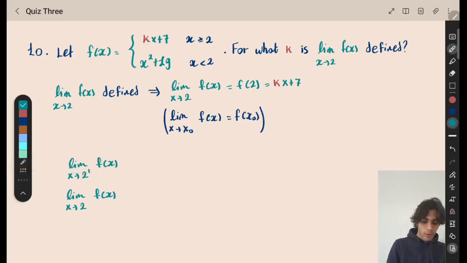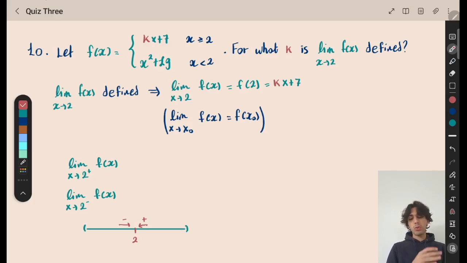We need to look at the positive and the negative approaches. If you are approaching x equal to 2 and you want to look at the behavior of the function, you can approach it from the left, so values less than 2, and you can approach it with values greater than 2, which is 2 plus something. And this makes a difference, because in the 2 plus case, it's greater than or equal to 2, then the function is defined there.